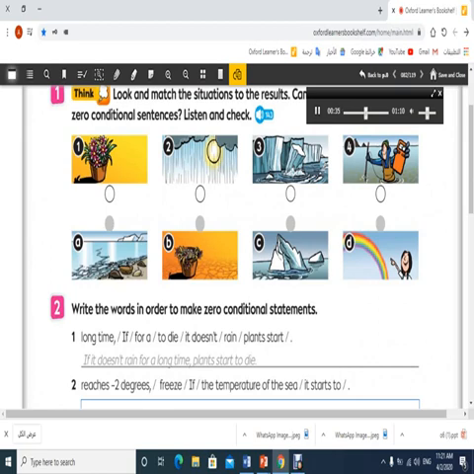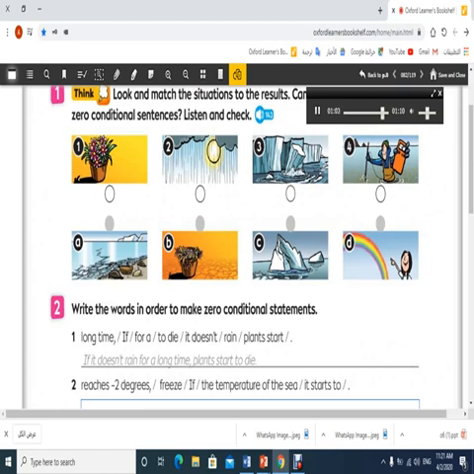If the temperature of the sea reaches -2 degrees, the sea starts to freeze. That's a great fact. If the sun shines and it rains, you see a rainbow. Oh, I love rainbows. Anyone else? If big bits of polar ice break off, they become icebergs. Yes, that's right. Good job.